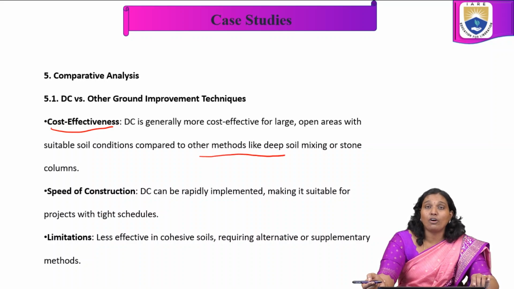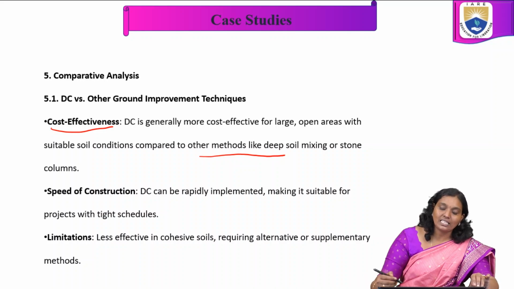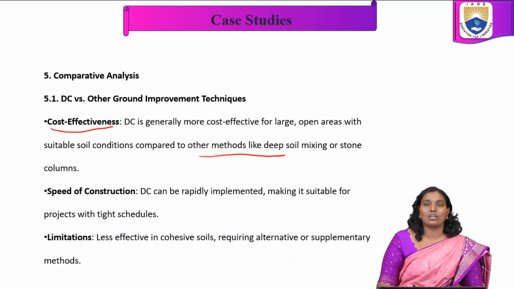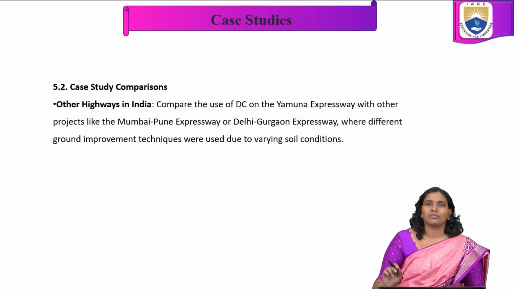And also the speed of construction. Dynamic compaction can be rapidly implemented, making it suitable for projects with tight schedules. In limitations, it is less effective in clayey soils, requiring alternative or supplementary methods.